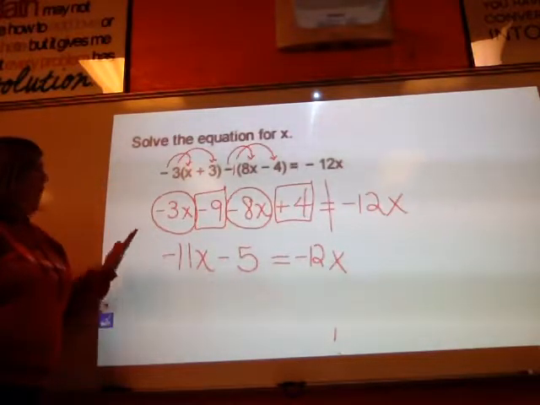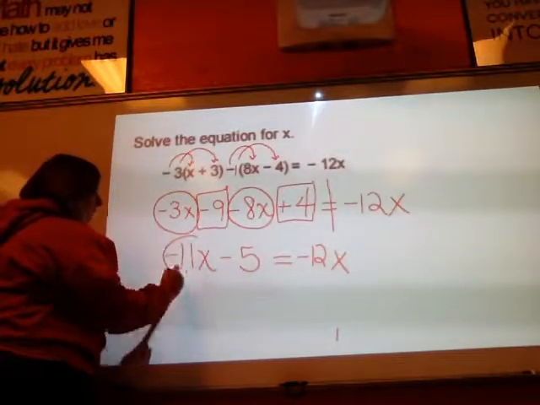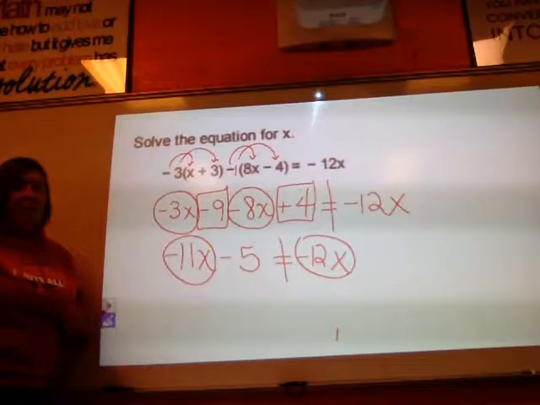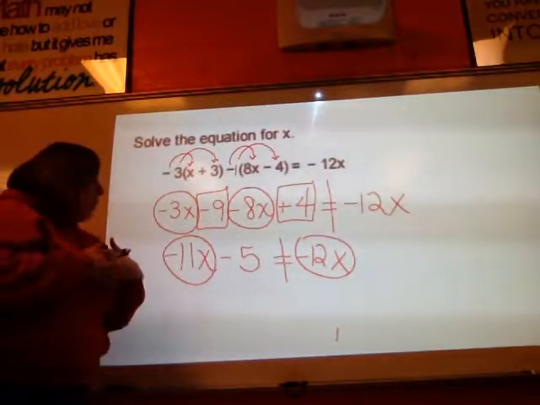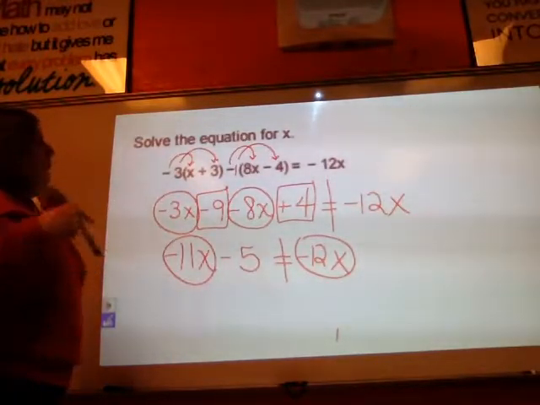So now I have a simple two-step equation, but I've got a negative 11x here and a negative 12x here. Notice that they're on separate sides of the equal sign. I can't just combine them and get negative 23x. I've got to move one of them or the other.